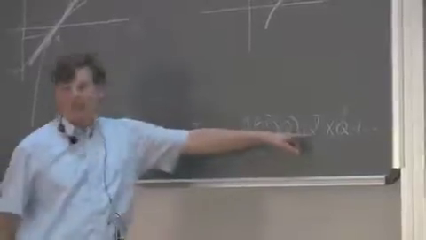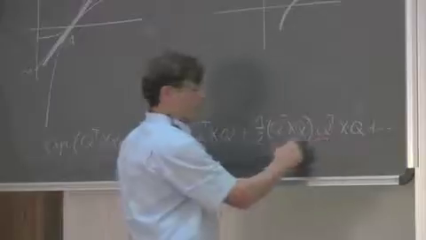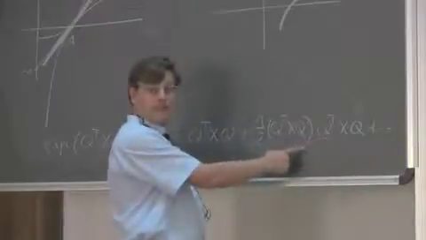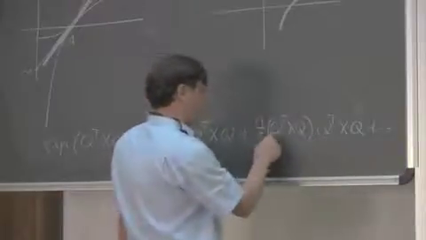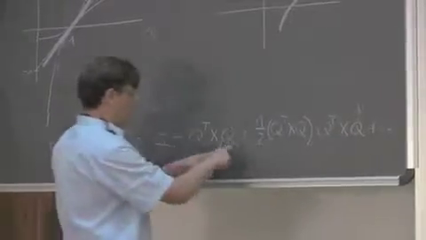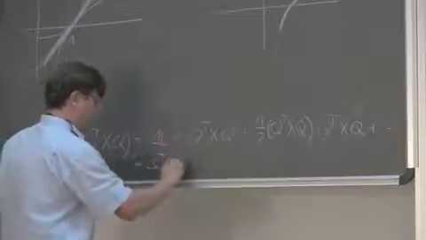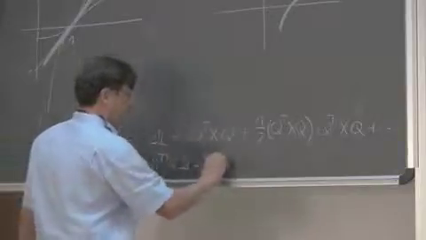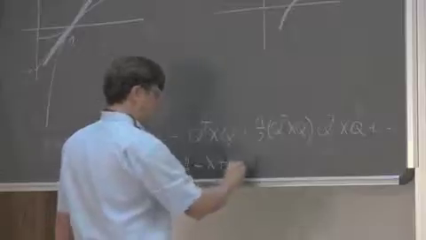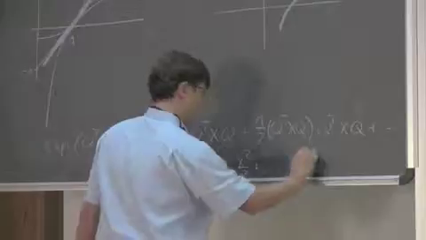This happens again in all these terms. This Q is killed against itself, and you have a Q transposed on the left and a Q on the right, and you can write this as Q transposed (1 plus X plus X squared over 2 plus ...) Q.